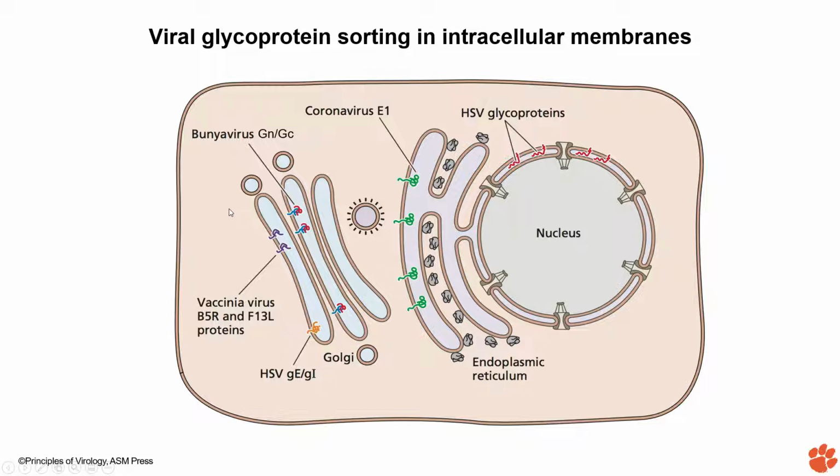But basically, the take-home message is that the membrane glycoproteins determine which compartment the sorting is going to happen in and where the virus will bud out. It could be ER, Golgi, the ER-Golgi intermediate, the nuclear membrane, and of course the plasma membrane that we were talking about. But other than the plasma membrane, there could be many other endomembrane places from where the viruses can bud out.